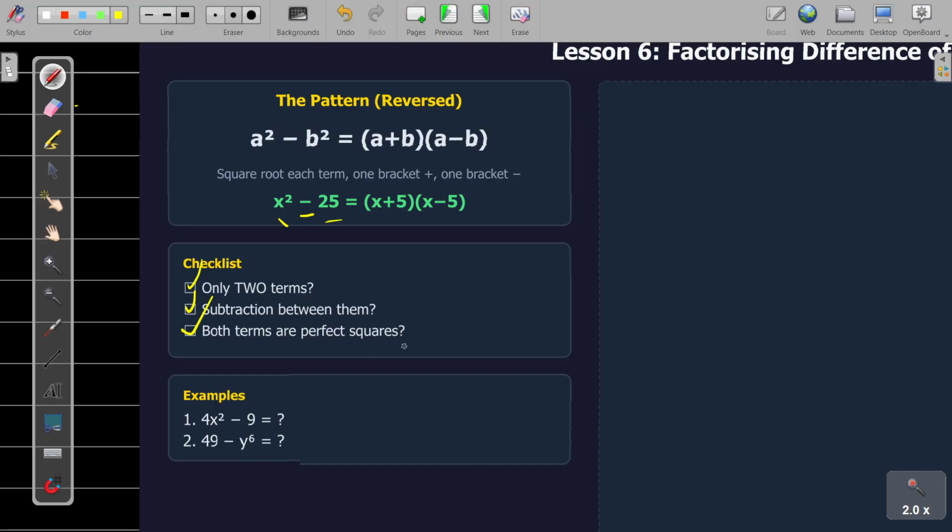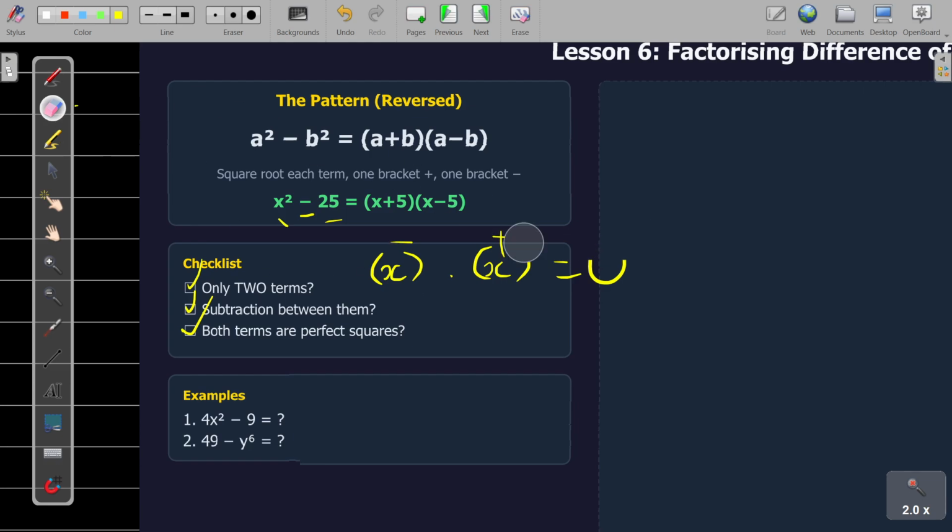Because it's a DOTS and it's in this form, we instantly know the answer is going to be two identical brackets, one with a plus, one with a minus. So set up your empty brackets right here. There's going to be x in each bracket, and then a plus sign and a minus sign.